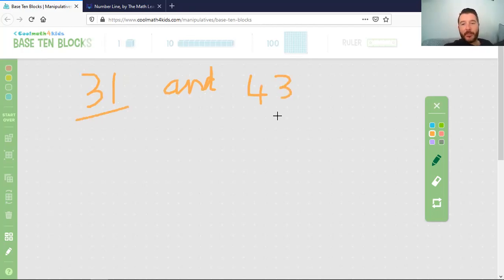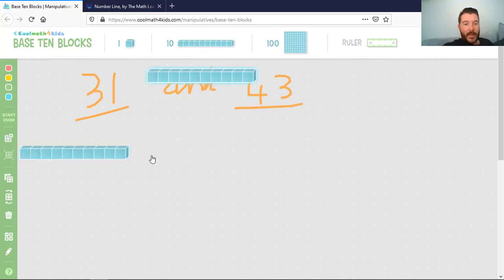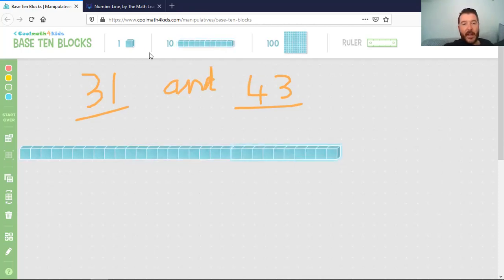So I'm going to start with 31 and then I'm going to make 43 directly below. They need to be in the same place so you can compare them fairly. So make 31 first of all. 10, 20, get them right next to each other. 30. And then I need the 1. 31.